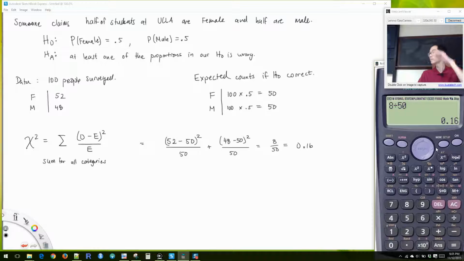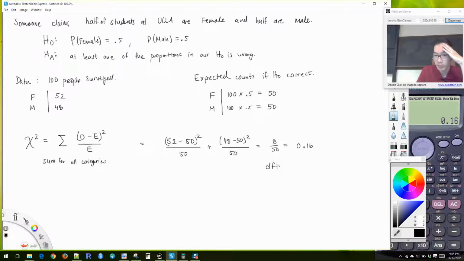Okay, so my Chi-Squared Statistic is 0.16. We're going to look this up in the Chi-Squared table. The degrees of freedom is equal to the number of categories minus 1. So we have 2 categories, male and female. We have 1 degree of freedom. So we're going to look up 0.16 with 1 degree of freedom.